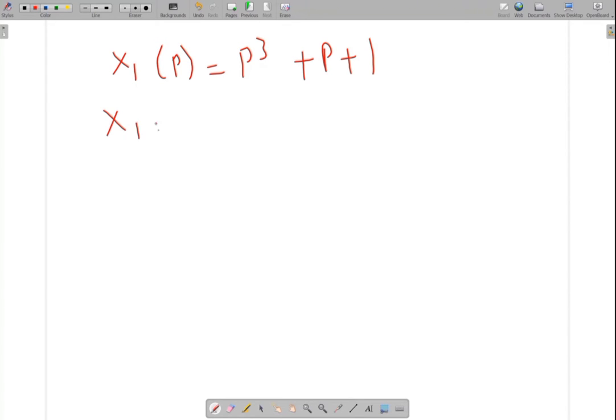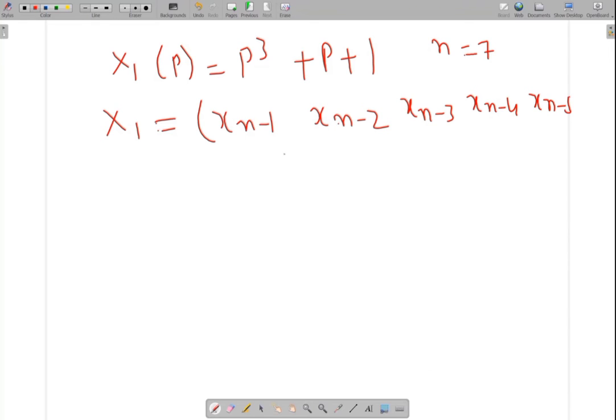Generally, the coefficients of x1 are represented as x n minus 1, because based on the n value, n equal to 7, we have to decide the individual coefficients of this vector: x n minus 1, x n minus 2, x n minus 3, x n minus 4, x n minus 5, x n minus 6, x n minus 7.